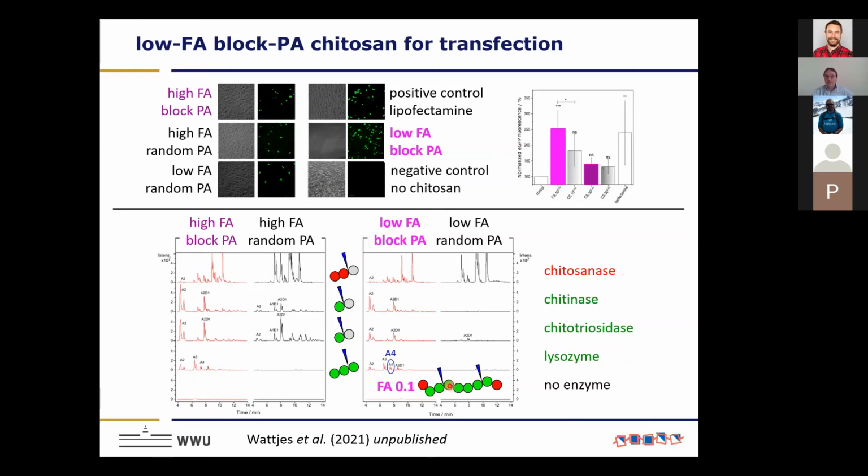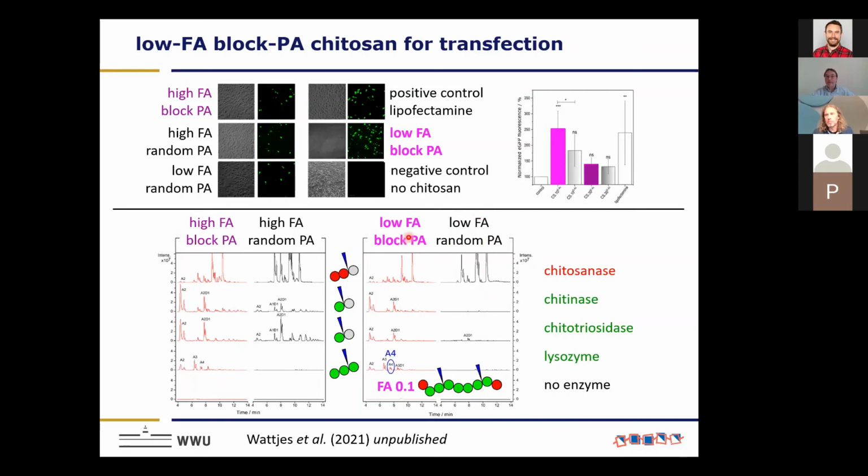Why is this important? The problem with such an application of chitosan, for instance if we wanted to use chitosan for an mRNA-based vaccine, is that the mRNA would be taken up by the cells, but the chitosan would not be degraded inside the cells, because human enzymes like chitotriosidase, acidic mammalian chitinase or lysozyme are not able to digest such a chitosan.